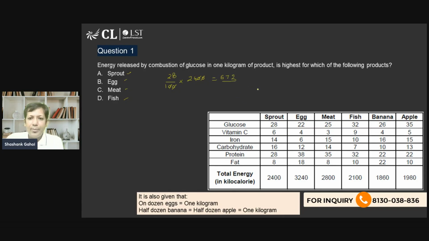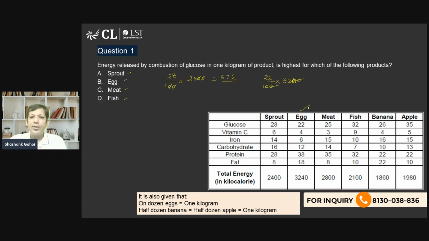And egg generates 22% of 3240. Instead of 3240, let's take it as 3200 itself. So it is going to be 660 plus 30 into 22, which is 660 plus 44, so more than 700.